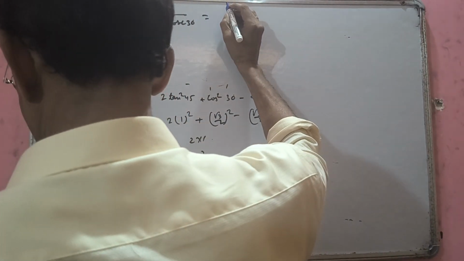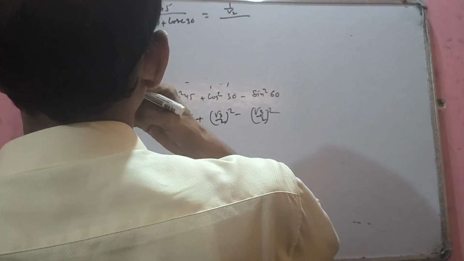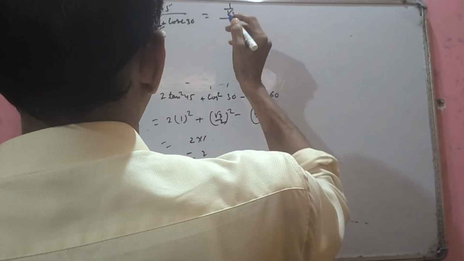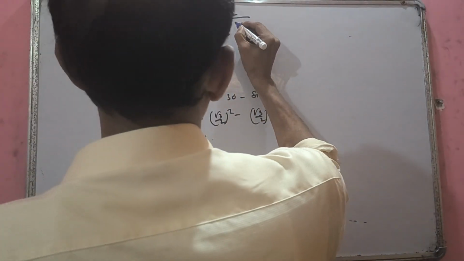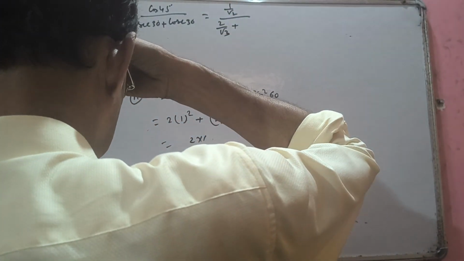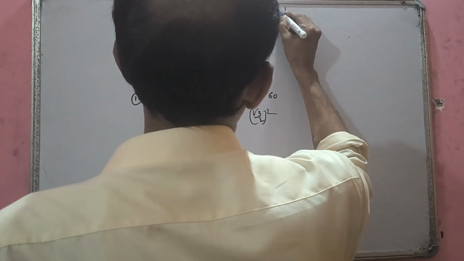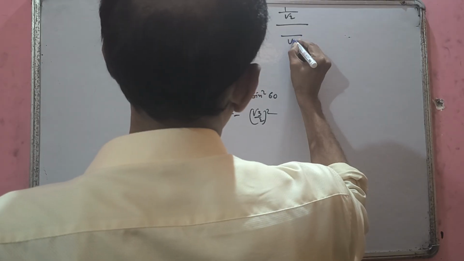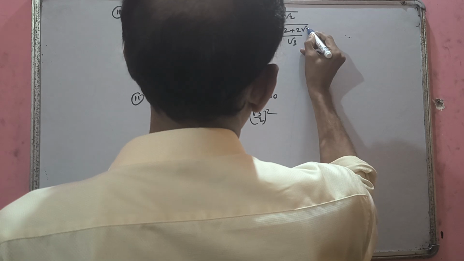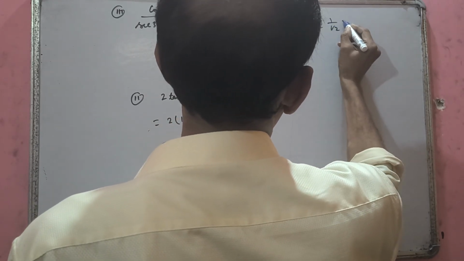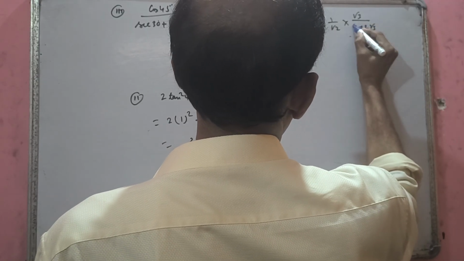Cos 45 degree value, what you know, 1 by root 2, by sec 30 degree, reciprocal of cos. So 2 by root 3 plus cosec 30 degree, 2. Cosec 30 degree 2, just simplify. 1 by root 2 by root 3 in the LCM, what will we get? 2 plus 2 root 3. This is 1 by root 2 into what will we get? Root 3 by 2 plus 2 root 3, right, in the bracket.